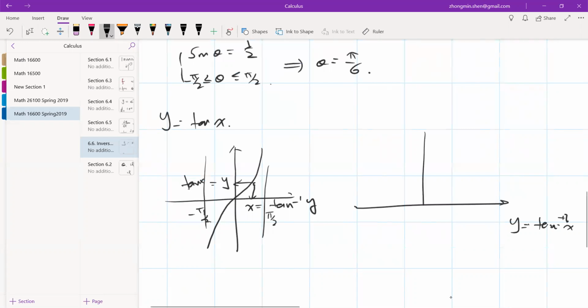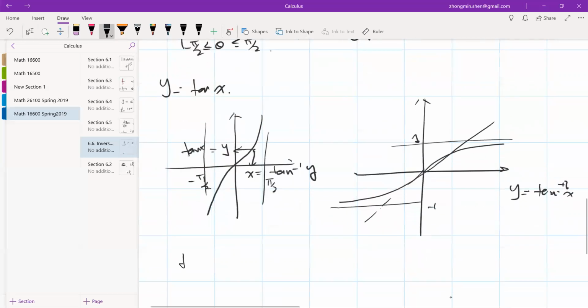How can I do that? You just reflect the graph about this line, right? So actually, it is going to be like this. Okay, it is between negative pi over 2 and positive pi over 2, these two asymptotes. So the domain for the arctangent x is from negative infinity to positive infinity. So let's find the derivative.